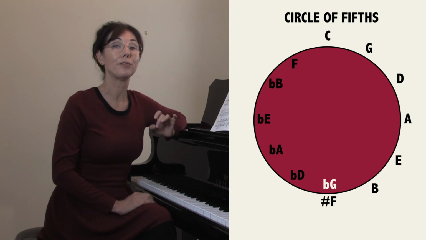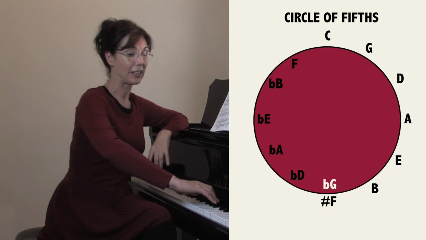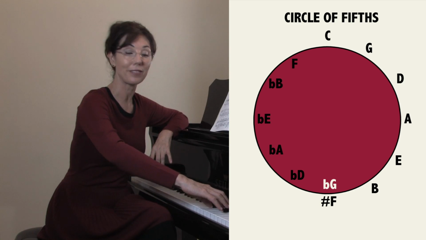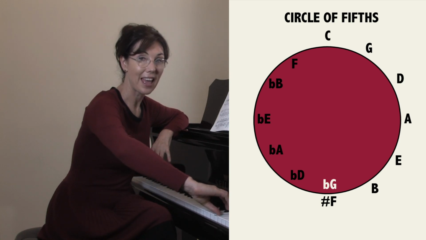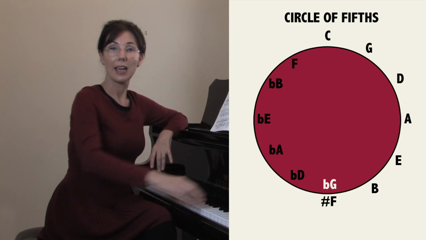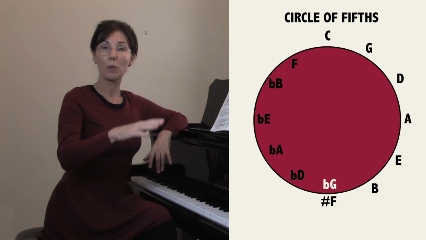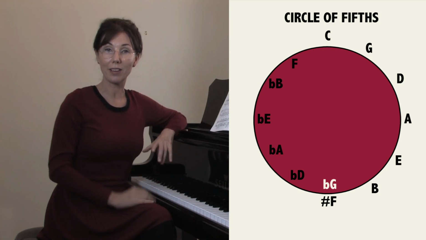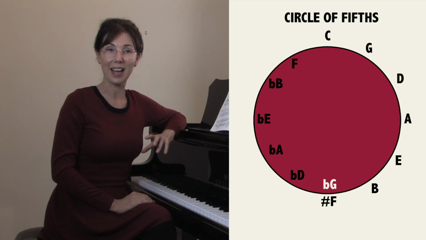And if we play G flat major, that will be G flat, A flat, B flat, C flat, D flat, E flat, F and G flat. In doing that, we were able to come around the circle again, but in ever decreasing flats.